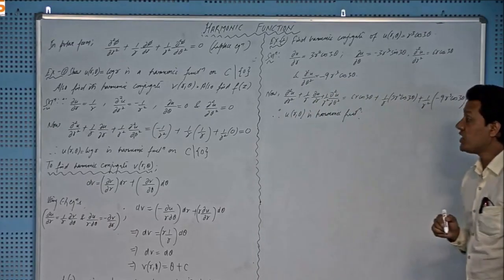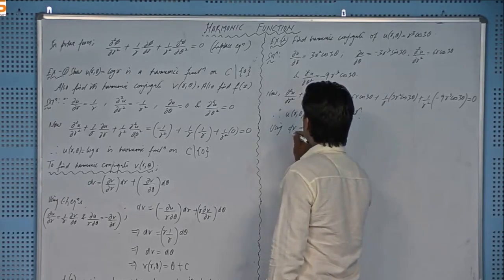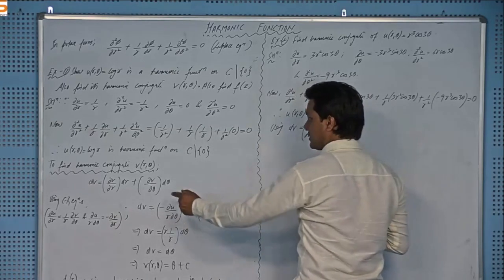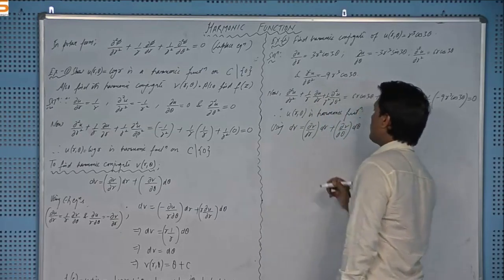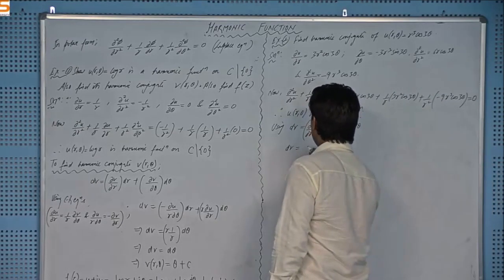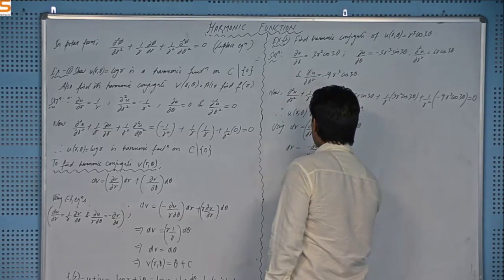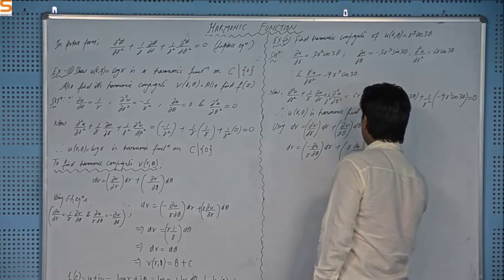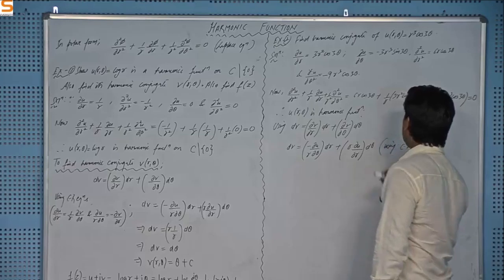Now we will search for v(r, theta), its harmonic conjugate, using the formula dv equal to del v over del r dr, this formula, where is that? This one, plus del v over del theta d theta, and using CR equations again, del v over del r is replaced by this thing, minus del u over r del theta, dr, plus r del u over del r d theta, using CR equations in polar form, right?